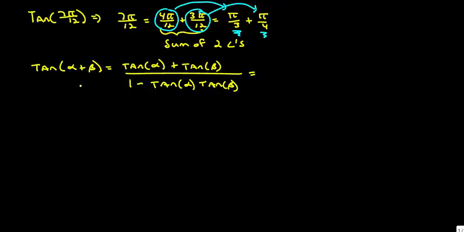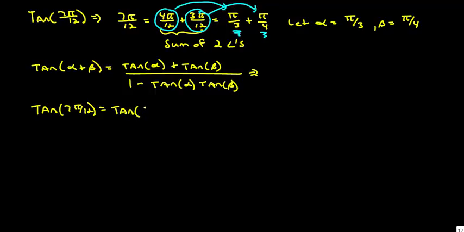So I want to insert the following: if I let alpha equal pi over 3, and I let beta equal pi over 4, then 7 pi over 12 is equal to pi over 3 plus pi over 4.